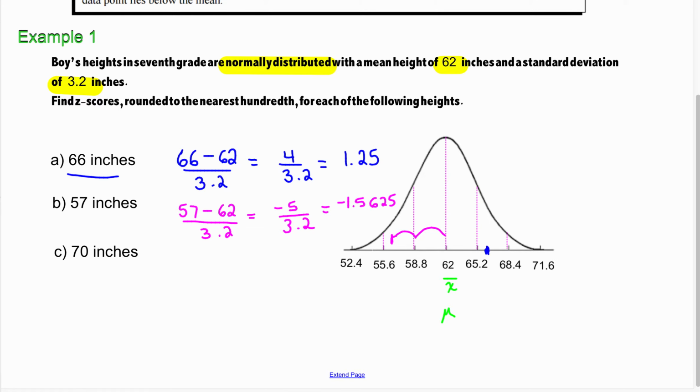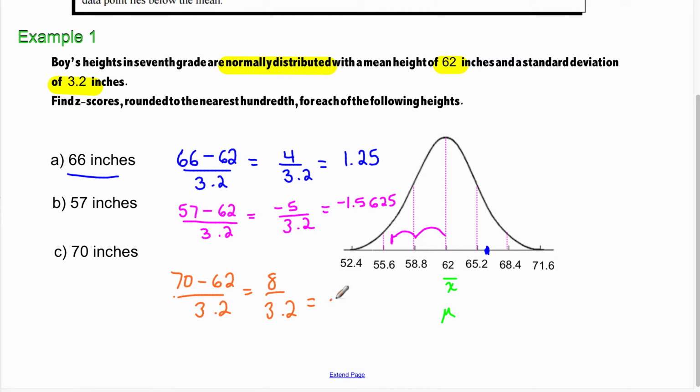And I think it's pretty easy to see now. We got this kid right here, he's pretty tall. He's 70 minus 62, divided by 3.2. We can see that this kid is really towering, probably a volleyball, basketball player.